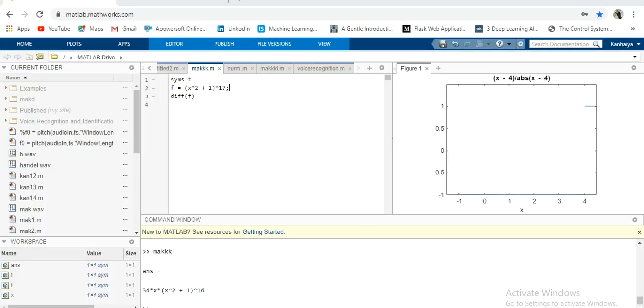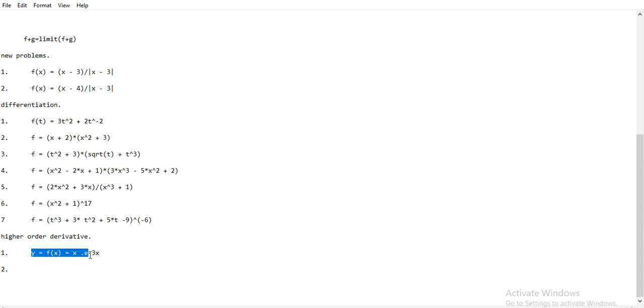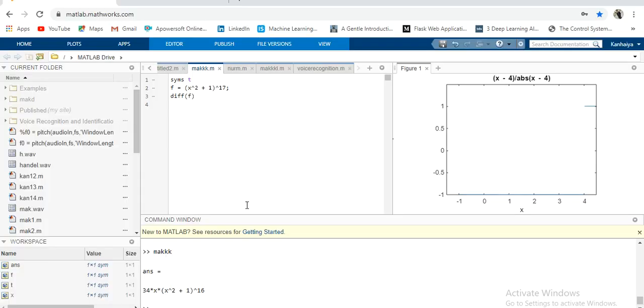It is for higher order derivative. The problem is x into exponential to the power minus 3x. Let's see how we can solve higher order derivative in Matlab.